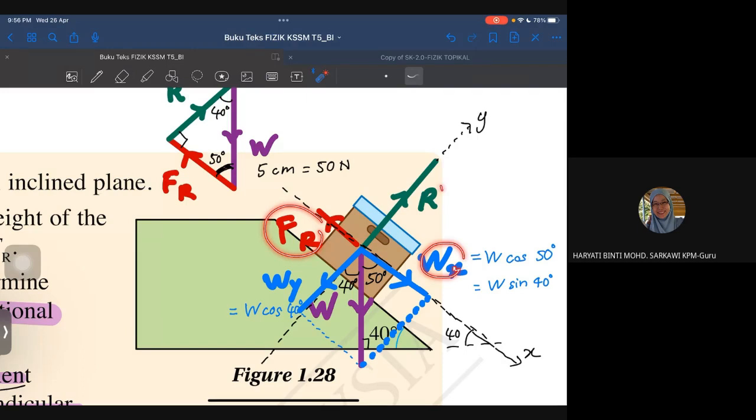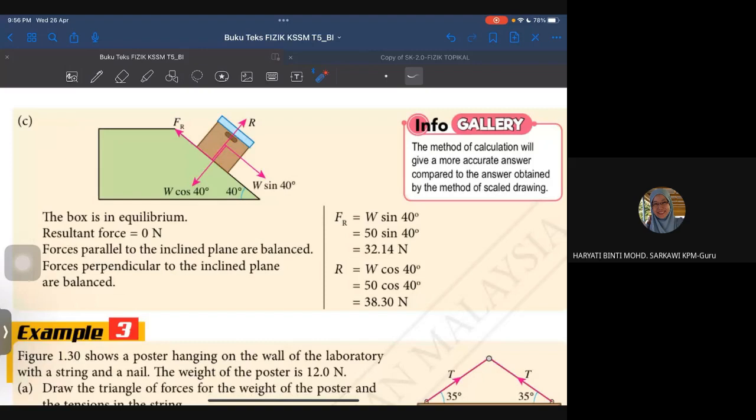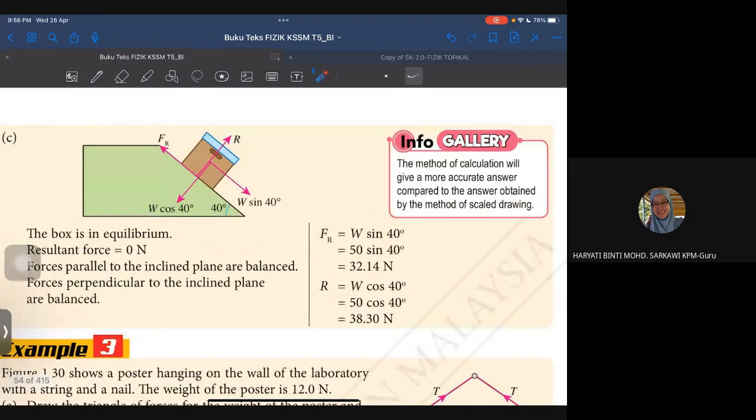And then if you want to determine R, it will be equal to this. Again, can see that here is parallel but in opposite direction, so the magnitude will be the same, because the net force is equal to 0.